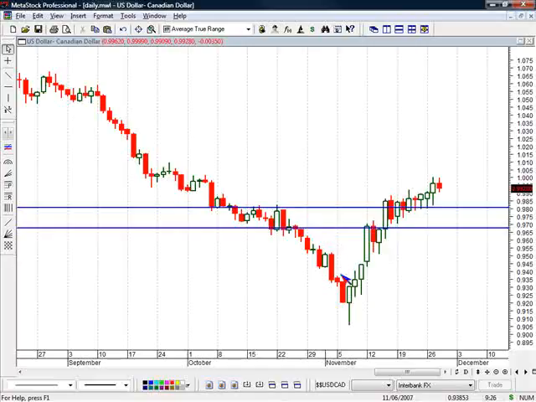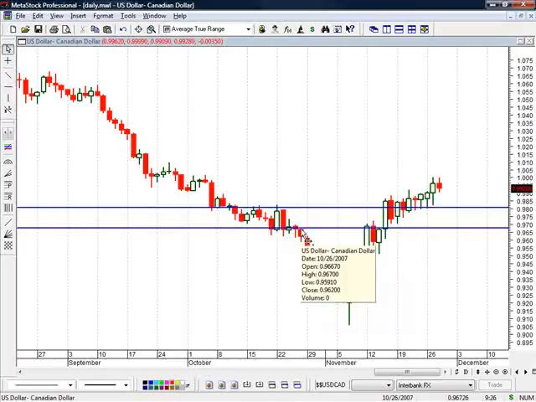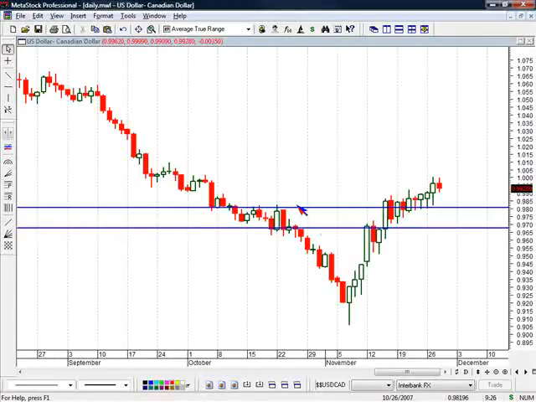So if the market does start to decline, I'm going to make some money. The only problem is that I've committed to basically buy this particular pair at a certain price. So I've capped my gains. In fact, if the market goes the direction that I forecasted, which is to the downside, I'm not going to make much more than that 150 pips that I received as the option premium.